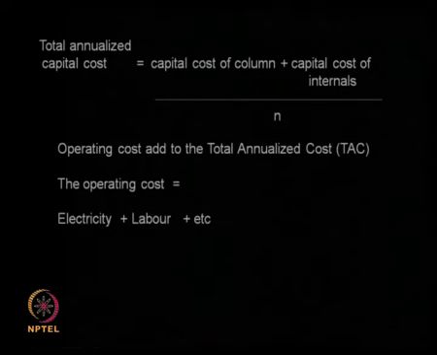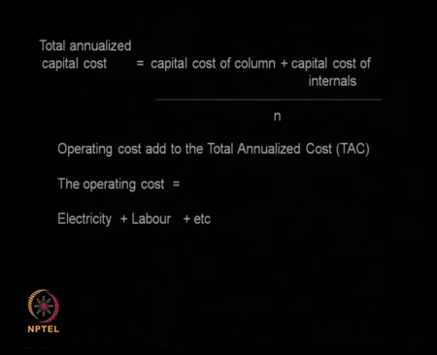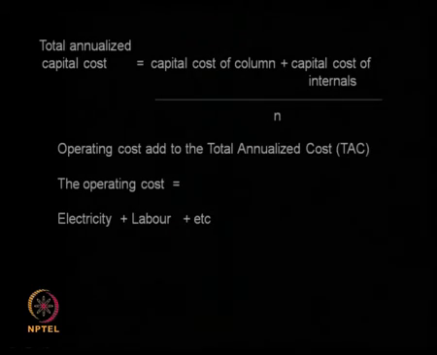So the denominator will vary depending upon the life of that particular equipment. Now the operating cost will involve electricity, labor, and utilities like water, steam, chilled water, and so on. So all these need to be considered in the operating cost.